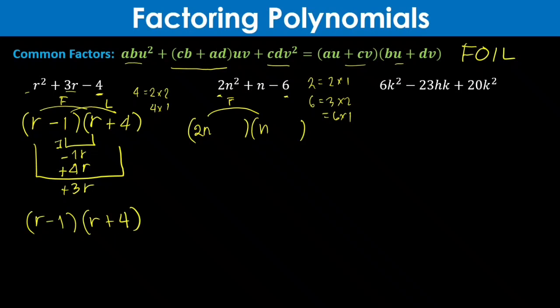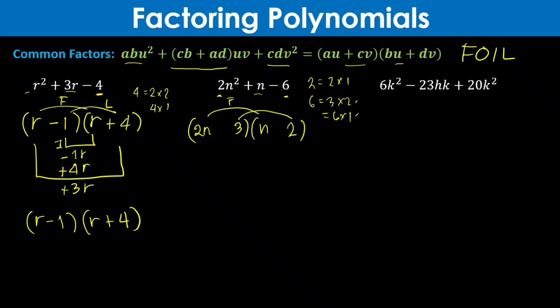And which factor here of our 6 can result to the middle, which is 1n. Let's try 3 and 2. Okay, I will put my 2 here and my 3 here, so that when I multiply, by the way, the third term, that is 6.